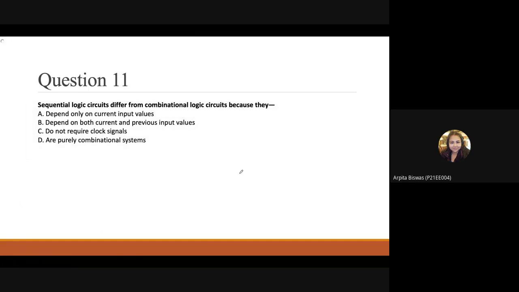So next question: the sequential logic circuit differs from the combinational logic circuit because they depend only on the current input value? Option B is depends on both current and previous input values. Option C do not require the clock signal, and option D is purely combinational systems.